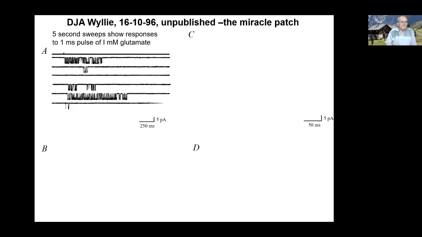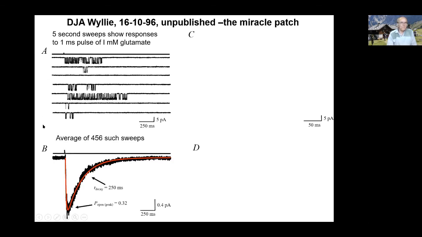And these are the results of some of the pulses. This one, you see, the first openings occur a long time after the pulse. In other cases, the openings occur almost immediately after the pulse. And here's a sweep in which there were no openings at all, just as predicted before.